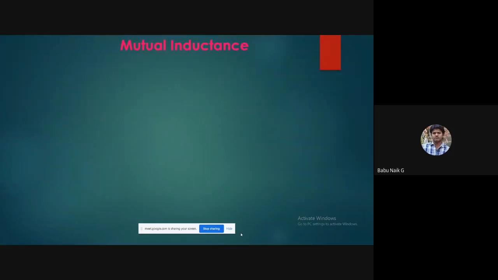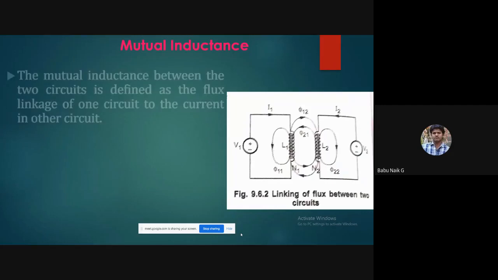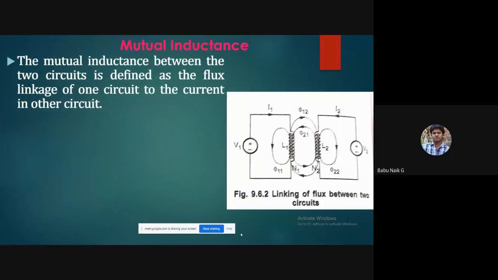Now let us take the other topic, mutual inductance. Mutual inductance between two circuits depends on how you consider it.